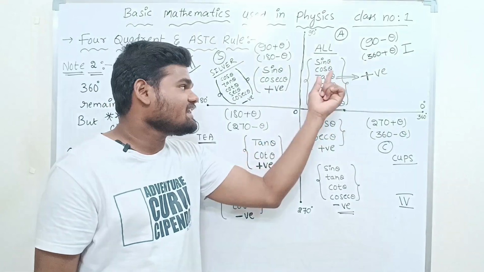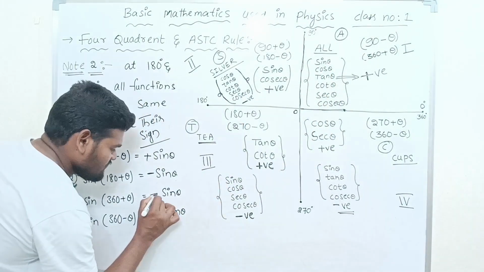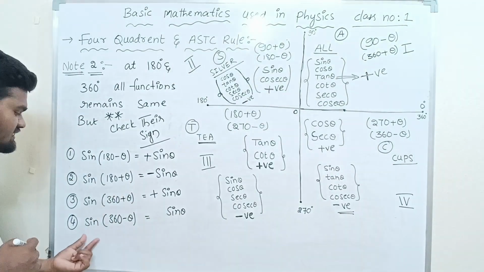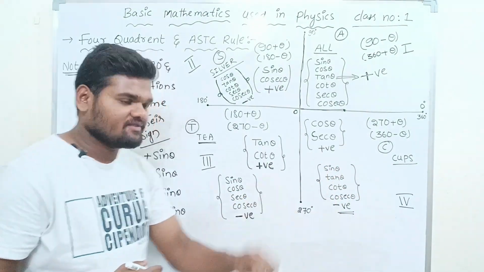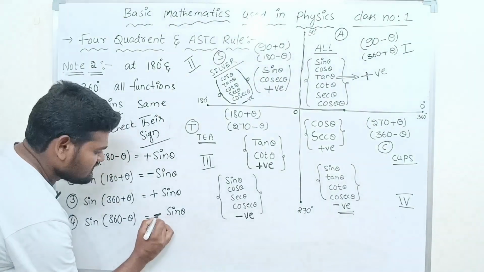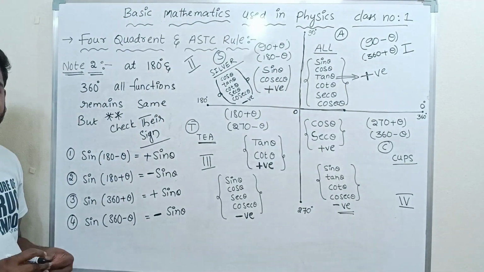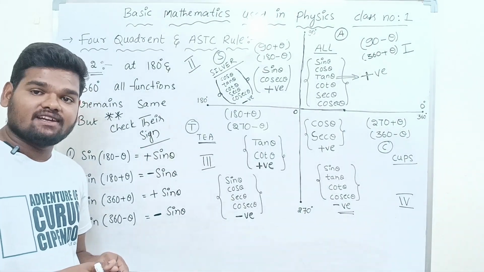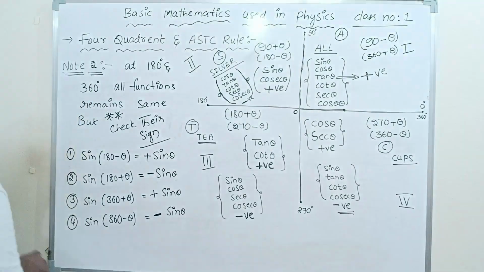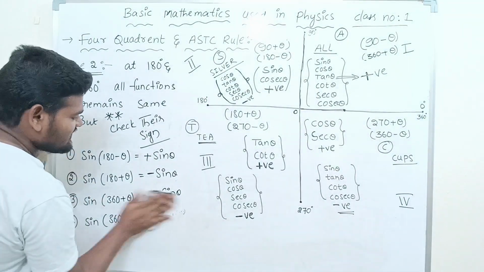In the first quadrant, sine is positive, so plus sine theta. Sine 360 minus theta, fourth quadrant. Sine is negative, so minus sine theta. Any doubt? Any problem? Is the concept clear? Shall I rub this?